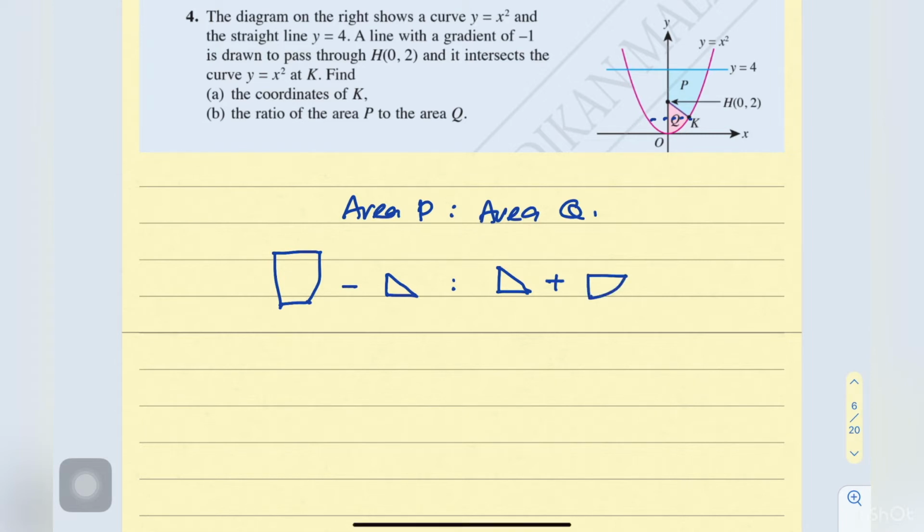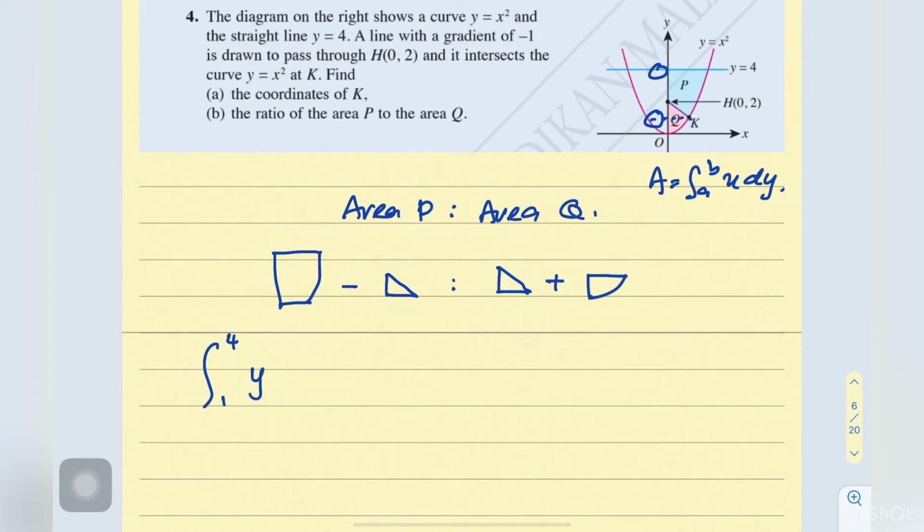So we choose the formula of area equals the integral of x dy. For area P, the lower and upper boundaries: K is (1, 1), so the lower limit is 1, the upper limit is 4. So x dy, where x is y power of 1 over 2.